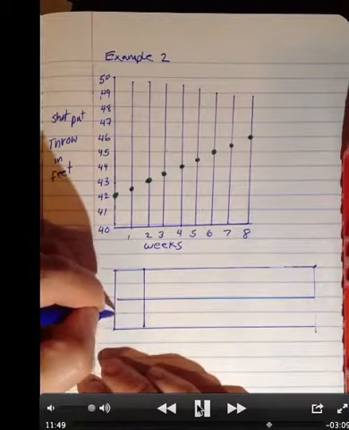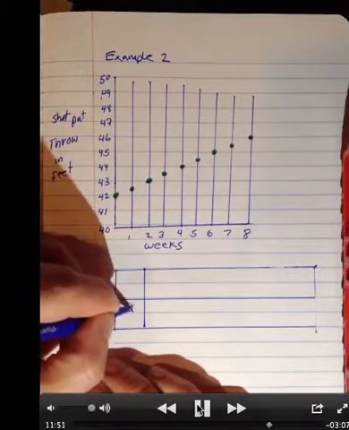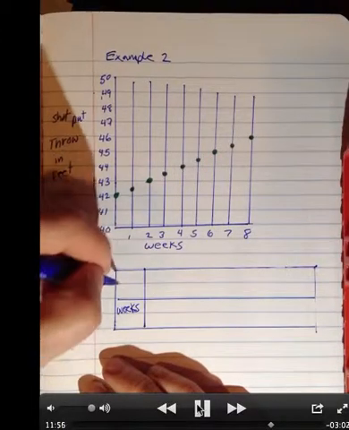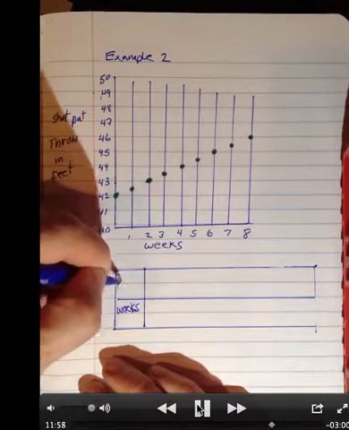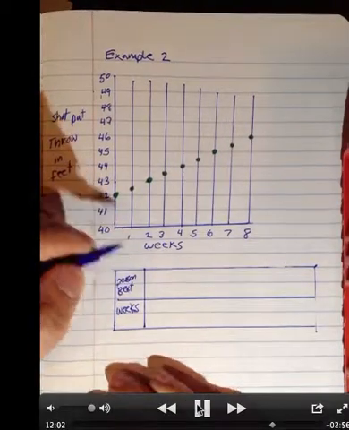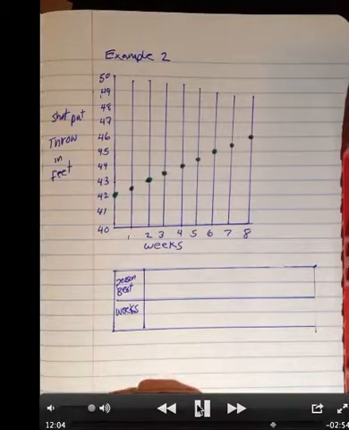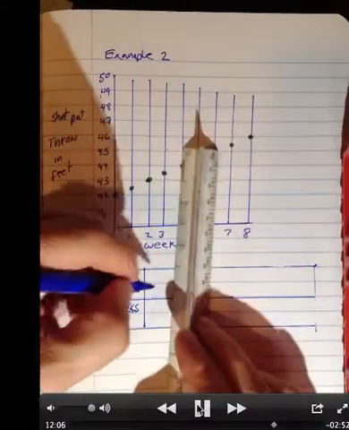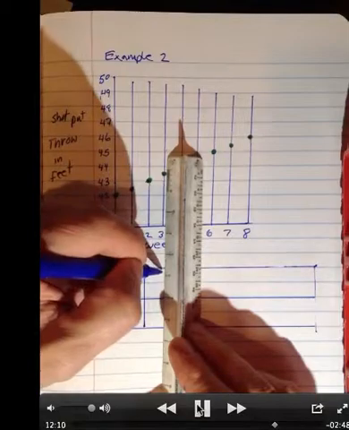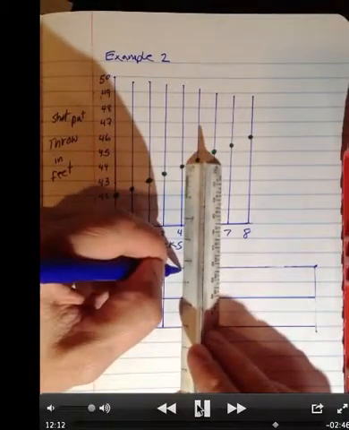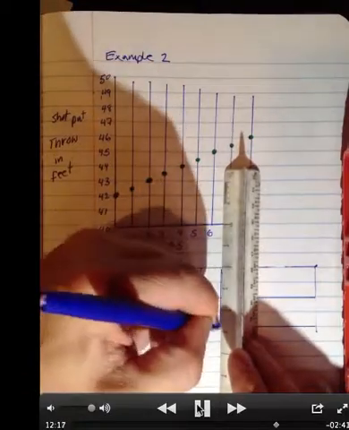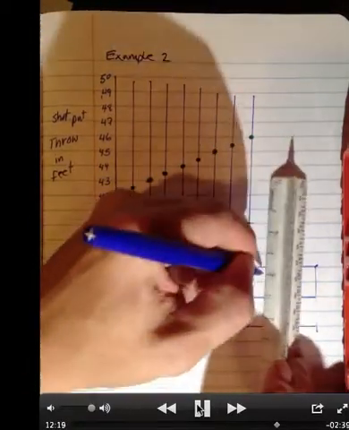The top of the table is going to be his throws, his record, and the bottom of the table will be the number of weeks. So we need enough spots on our table to start at 0 and go all the way to 8 weeks.